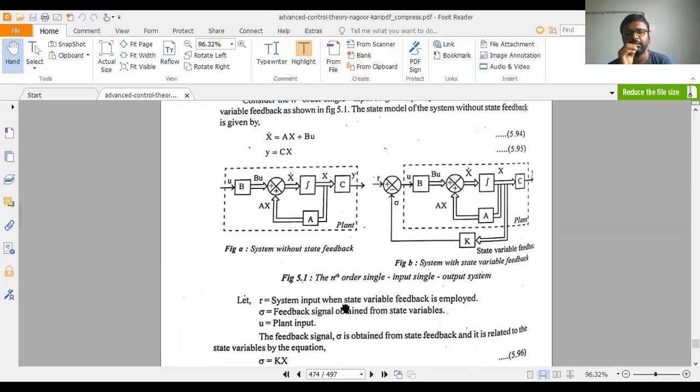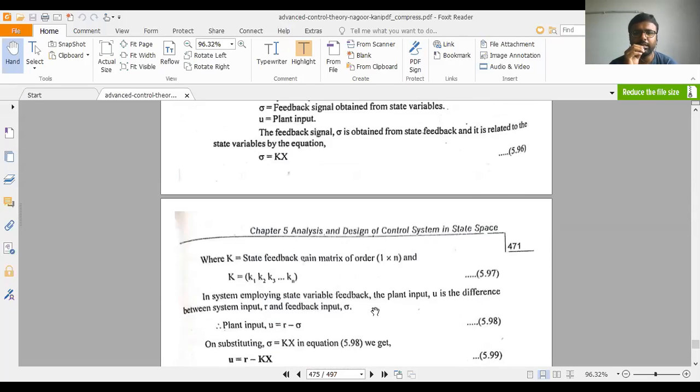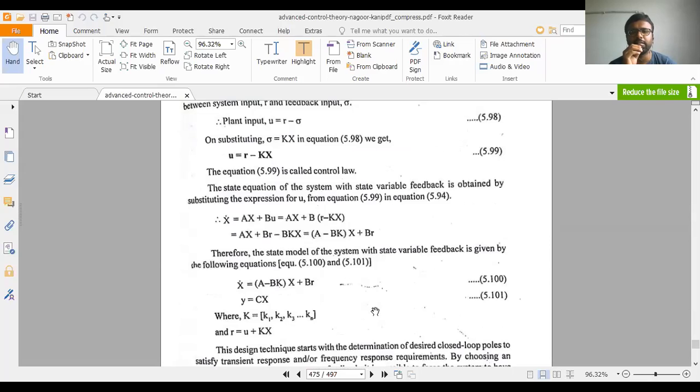The sigma value is Kx. Therefore, plant input U is R minus Kx. This particular equation is called a control law: R minus Kx.